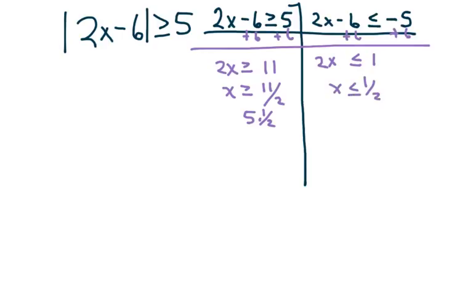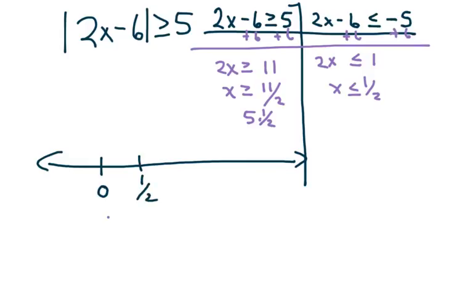So I'm going to draw a number line and graph this and see what this looks like. I'm going to put my 0 down here. 1 half goes here, 11 halves go here. I prefer to leave it in fraction form. They both can equal.